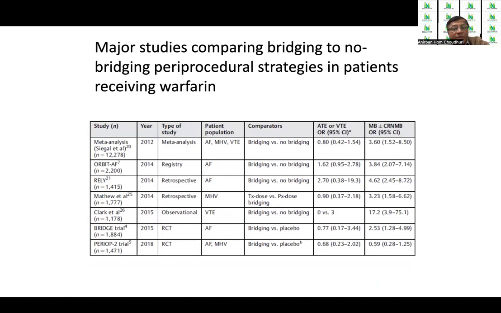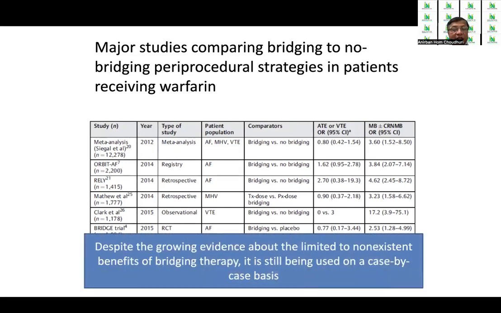Some of them were observational, 2 were RCTs, and 1 meta-analysis was there, but this meta-analysis was published long back. If you see the PERIOP-2 trial, which considered the patient population with mechanical heart valve and atrial fibrillation, and compared both the bleeding and the thrombosis in patients who were on bridging versus placebo, they did not find too much benefit with the bridging therapy.